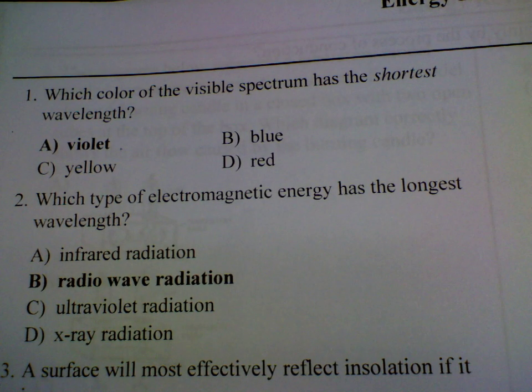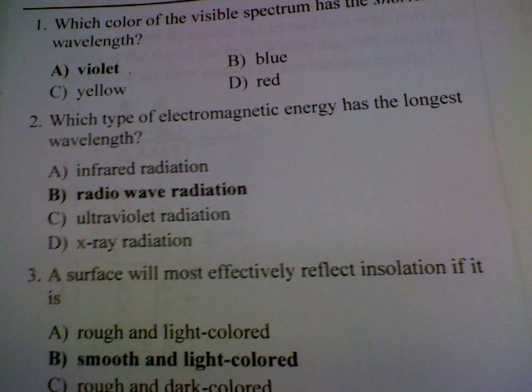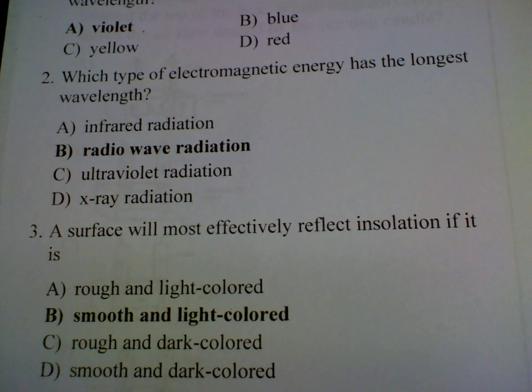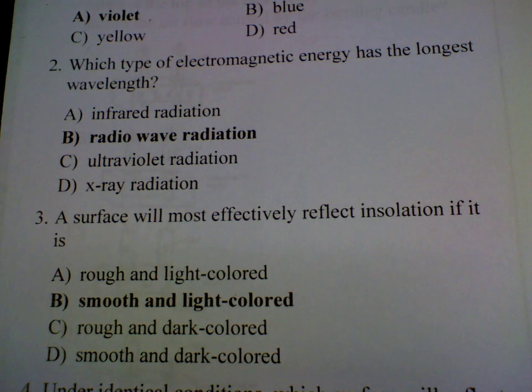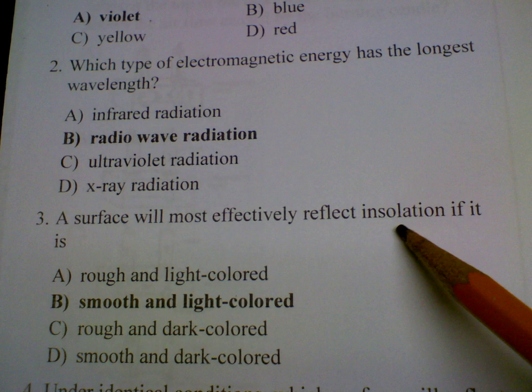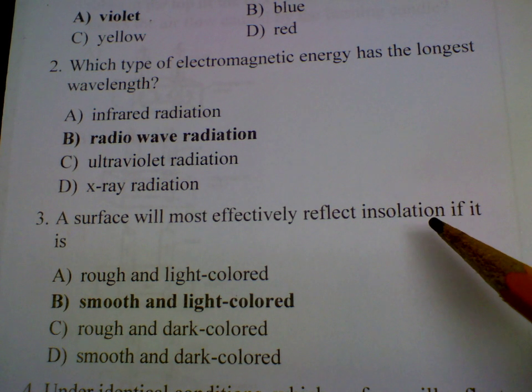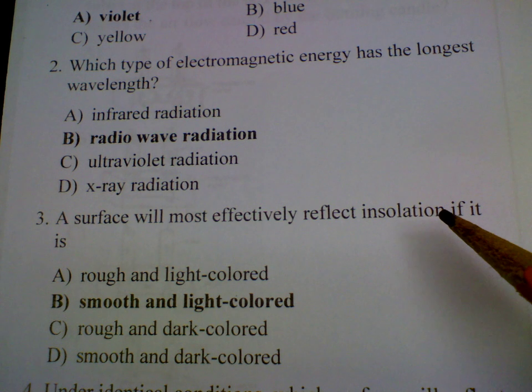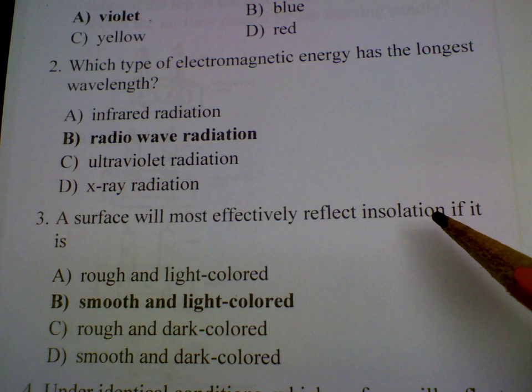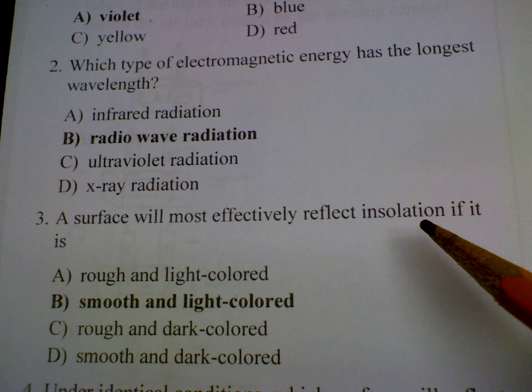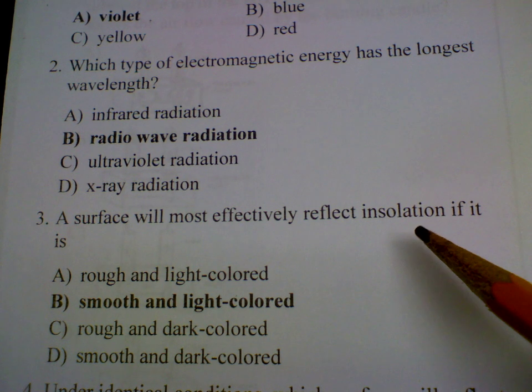Number three, a surface will most effectively reflect insolation if it is. So remember, insolation is energy coming down from the sun, it's heat, and always think, what are we told to wear on a very hot day? In the summer, we're told to wear light colors.